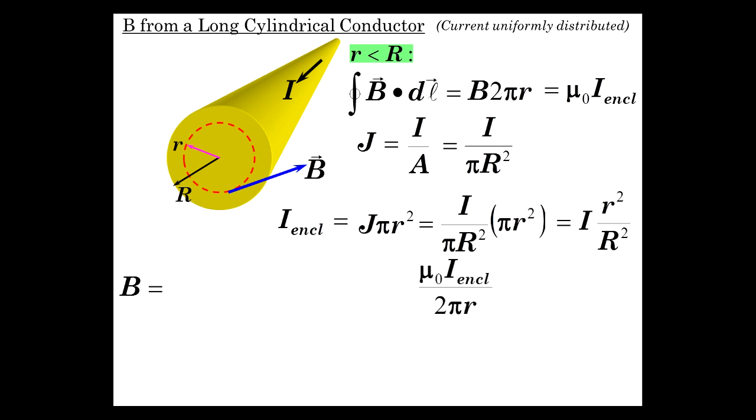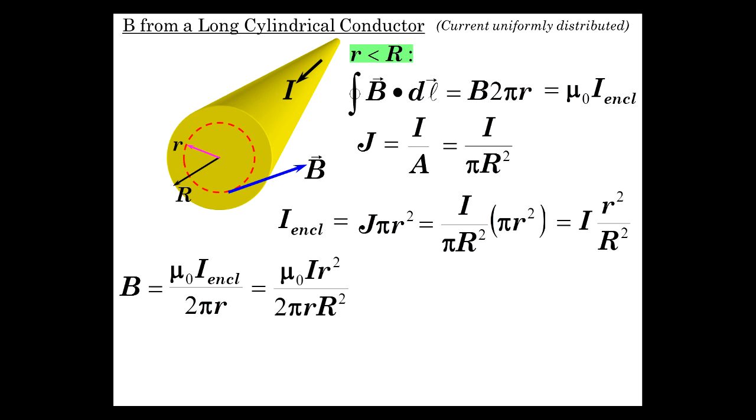So then the magnetic field is μ0 I enclosed over 2πr, which is μ0 I little r squared over 2πr big R squared. And we have μ0 I r over 2π big R squared. Notice now, instead of being inversely proportional to r, it's proportional to r.